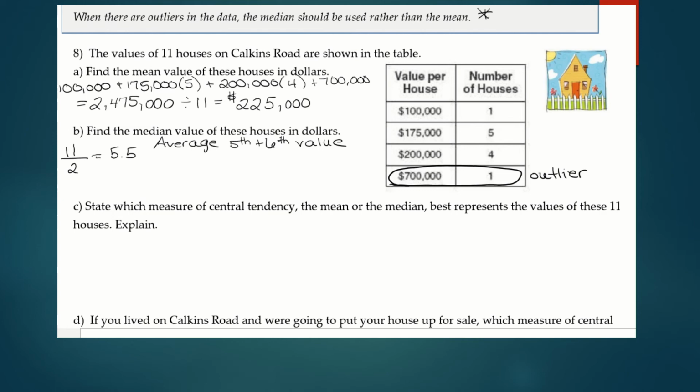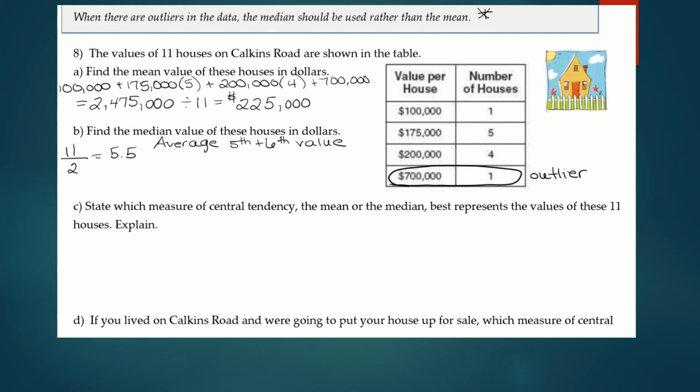So the 5th and 6th house value, if we were to put these in order from least to greatest, we would have one house at 100,000, we would have 175,000 listed 5 times, 200,000 listed 4 times, and 700,000 listed once. I'm looking for the 5th and the 6th value.